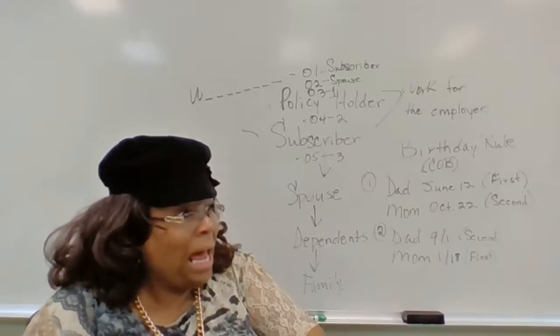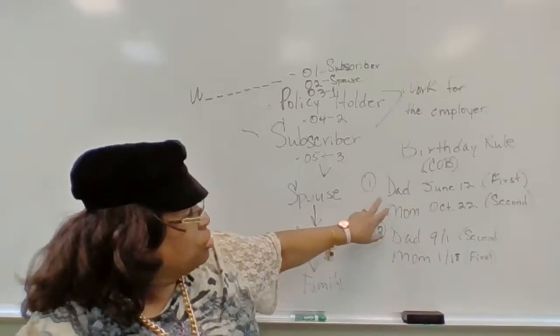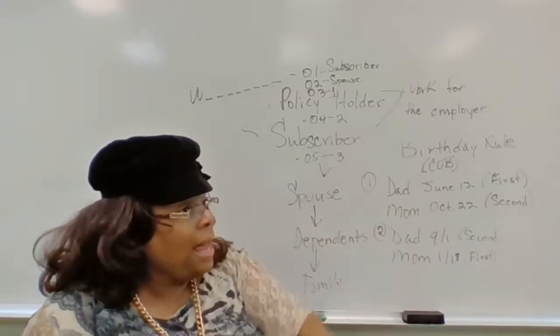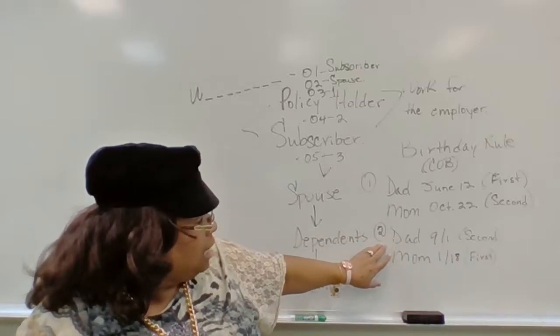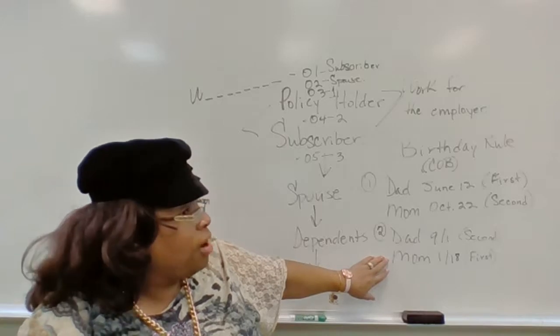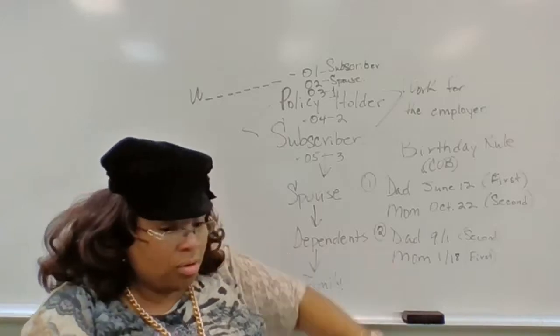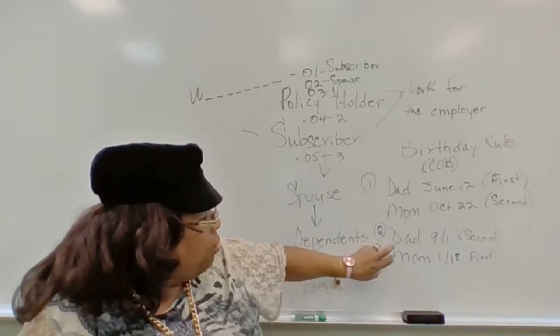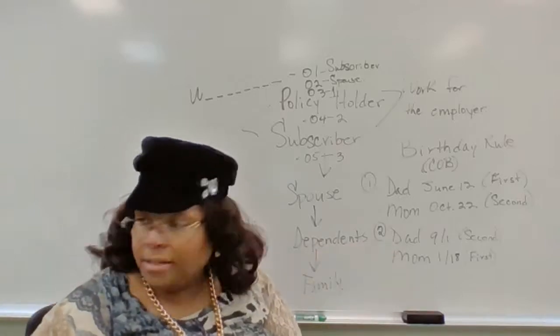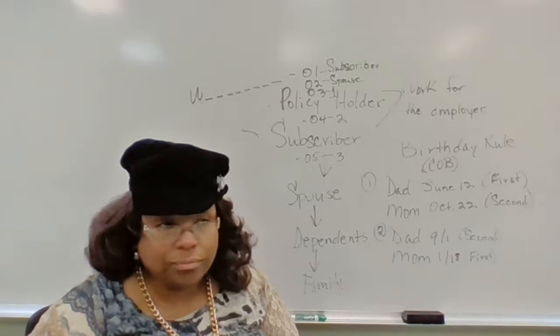His goes under 1A. Mom's insurance is going to go on number 9. If dad's insurance is second and mom's insurance is first, where's her insurance going on the claim form? 1A. Dad's insurance is going where? Number 9. Does everybody understand that?